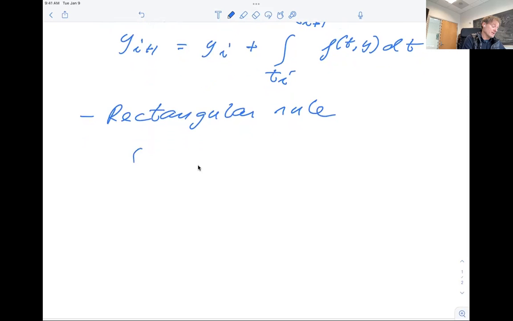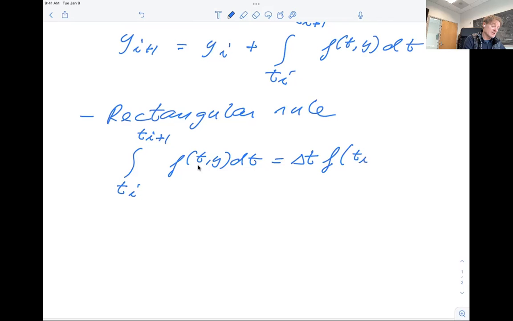So I'm just setting up the mathematical expression first. We would have the integral from t_i to t_{i+1} of f of t, y of t dt, and this is given by a step size, delta t, multiplied with the function f, but this function f is now evaluated at a midpoint between t_i and t_{i+1}.